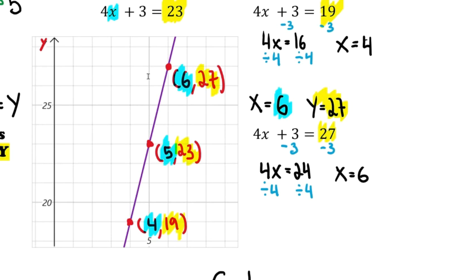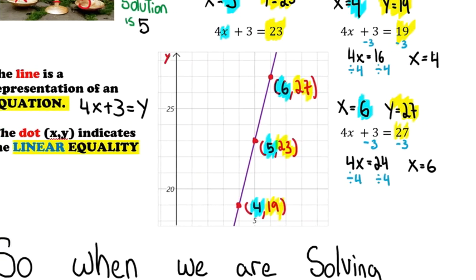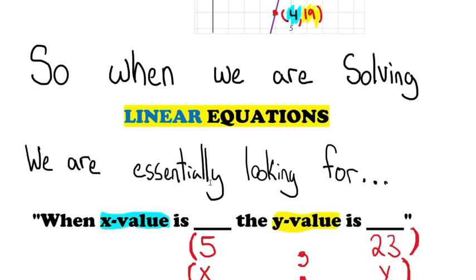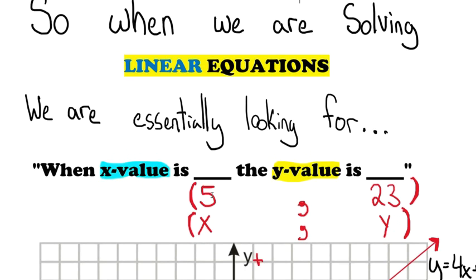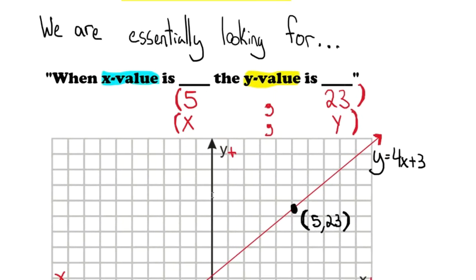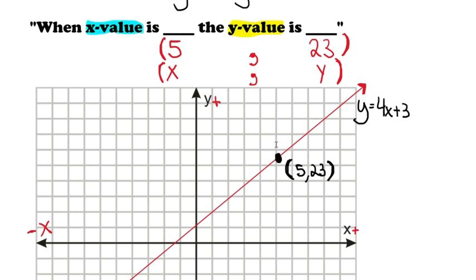So when we say that we are solving linear equations, we are essentially looking for when the x value is blank, the y value is blank, x, y. In 9th grade, you focus on analyzing the line.